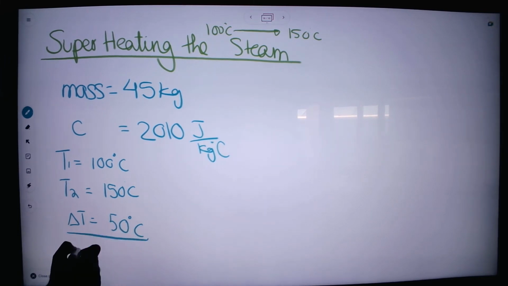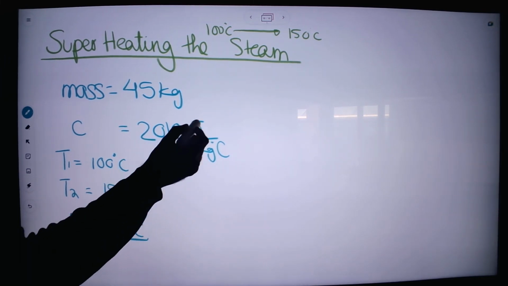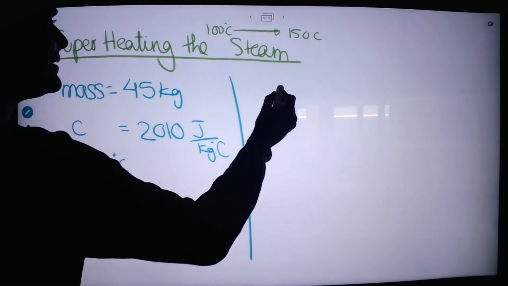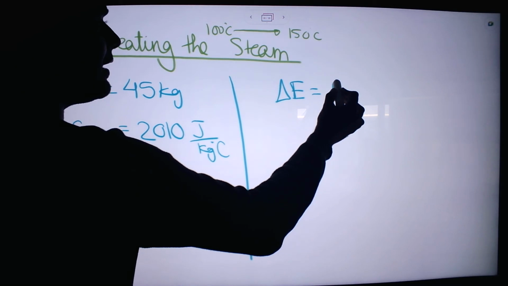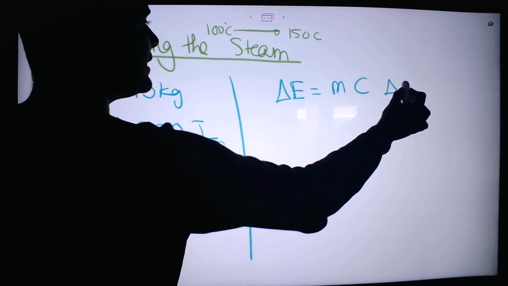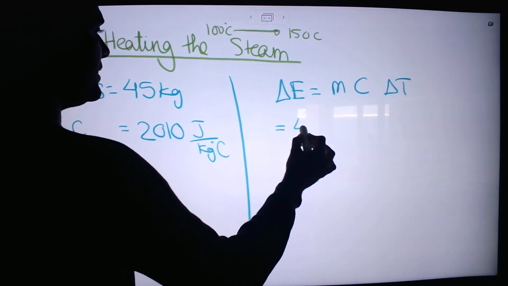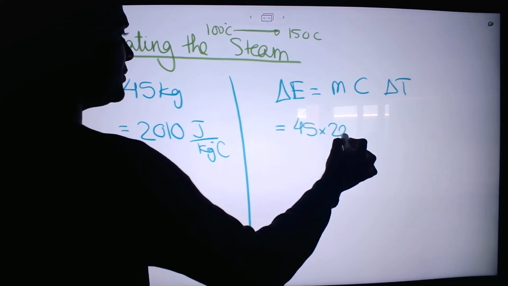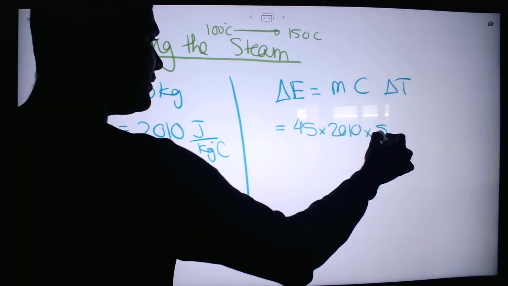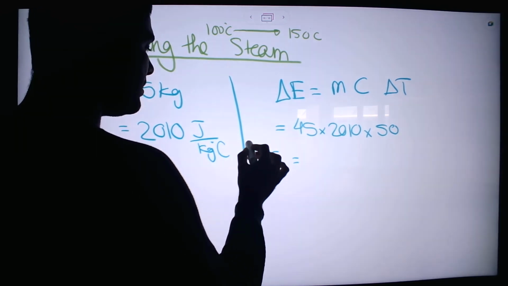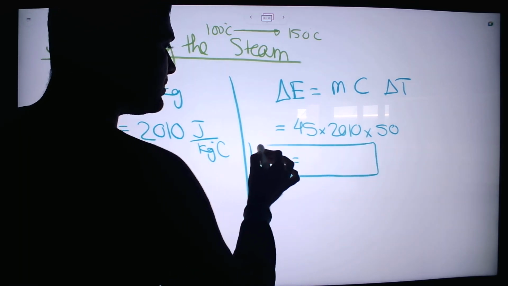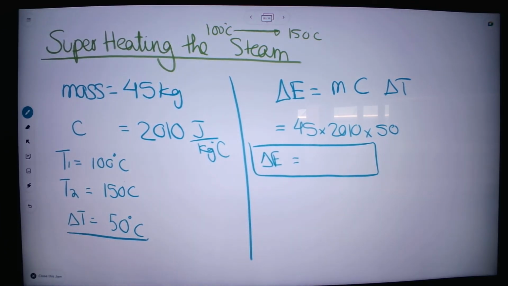Now I've got the formula for the steam: delta E equals m c delta T. M is still 45, C is 2010, and delta T is 50. Anyone give me the value, please? I got 4.52 megajoules.